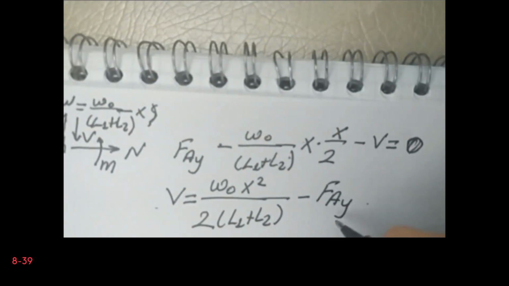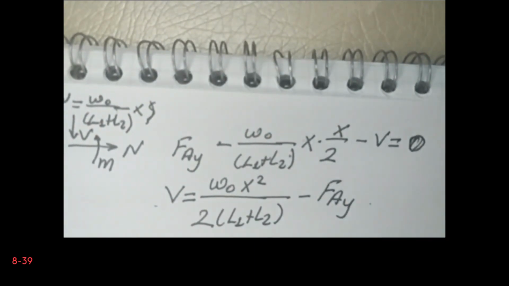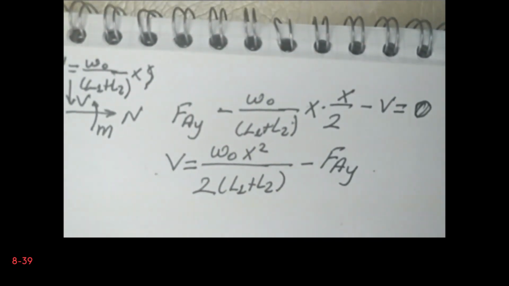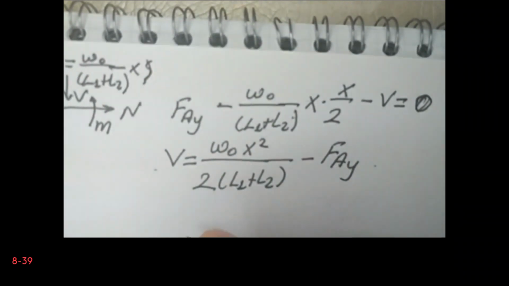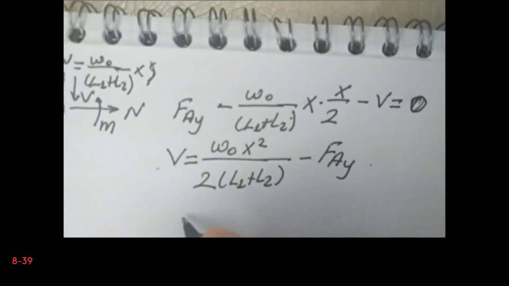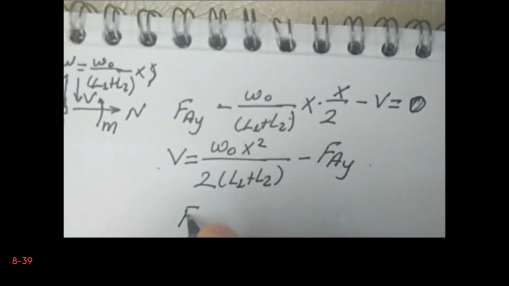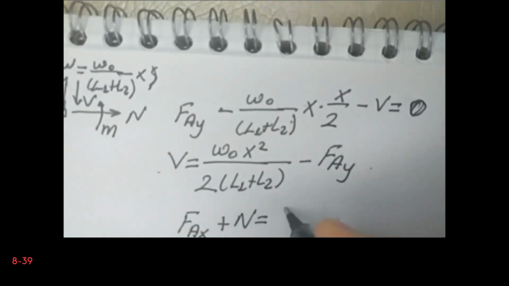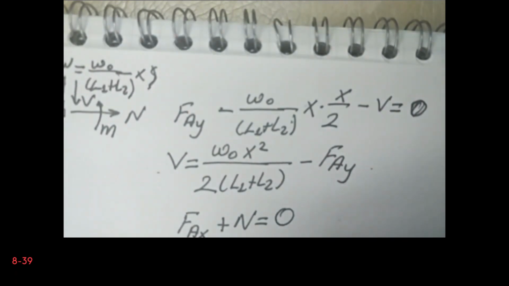Now let's write the horizontal component of the force. So components of the force, Fax plus N is equal to 0. And from here we can calculate the N as minus Fax.